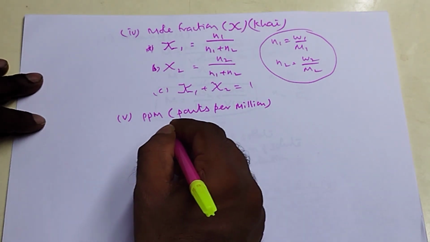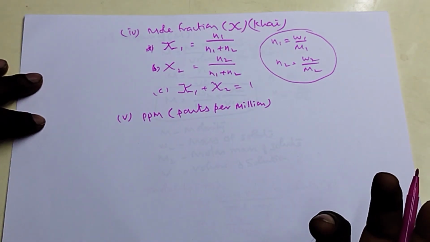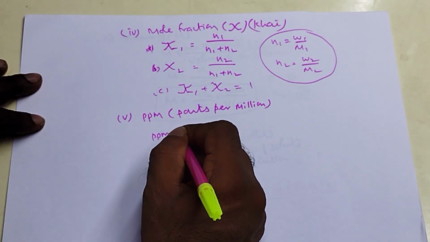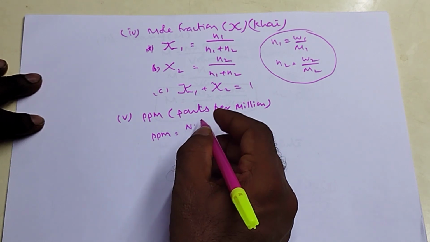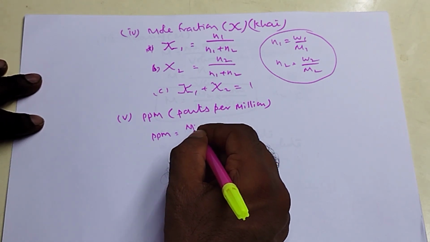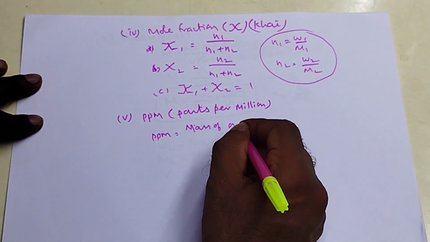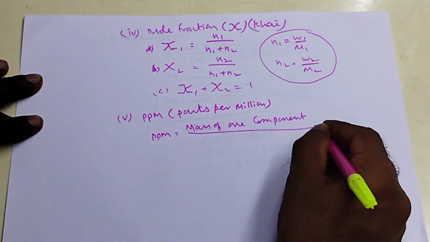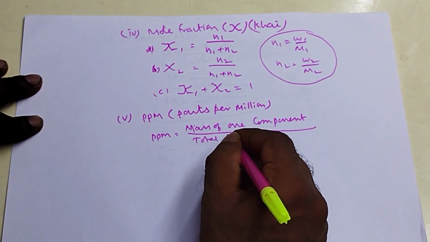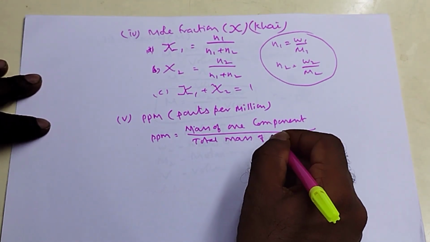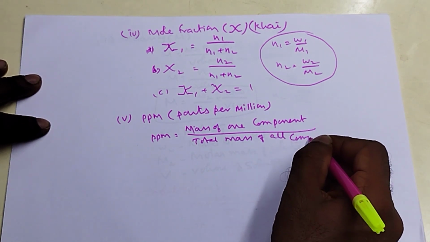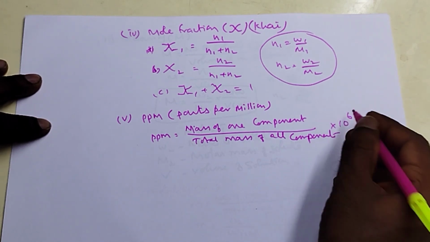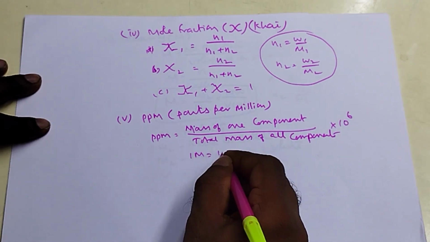Suppose there are many components present in the solution. If you want to express it as parts per million, it is the mass of one component divided by the total mass of all components, whatever the number of components, into 10 to the power of 6. 1 million is 10 lakhs.